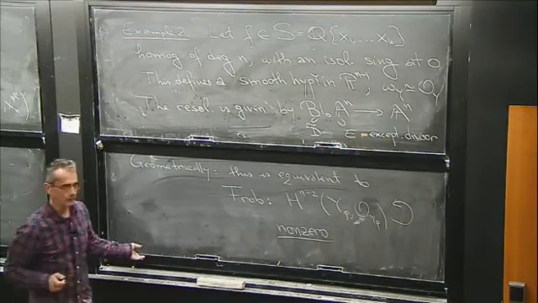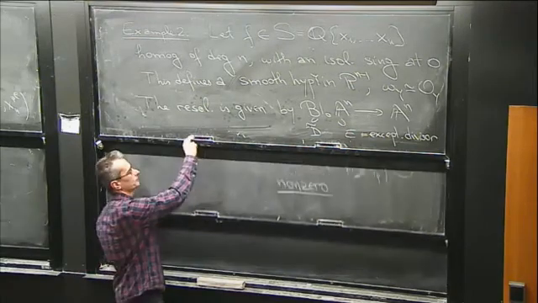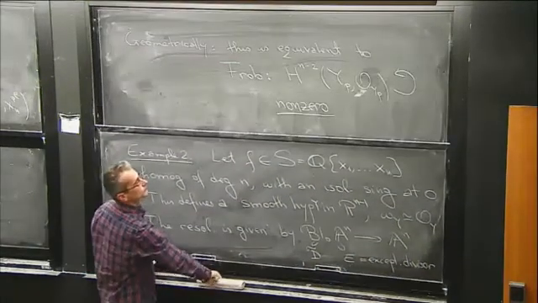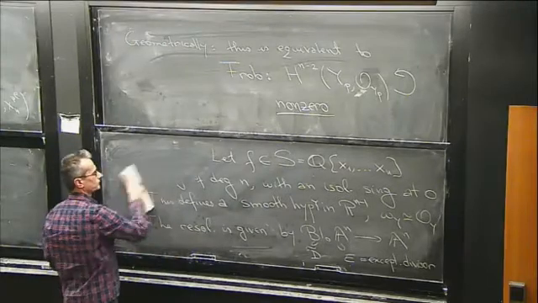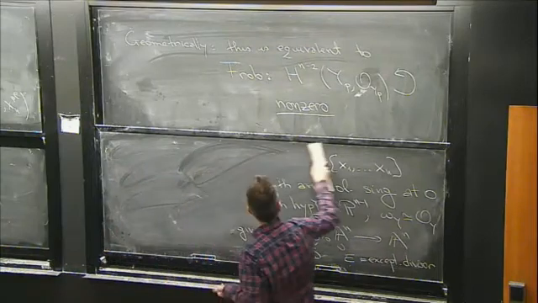All right, so let me translate the conditions that we had before in these terms, in terms of the cohomology. Sometimes it's 0, sometimes it's not 0.